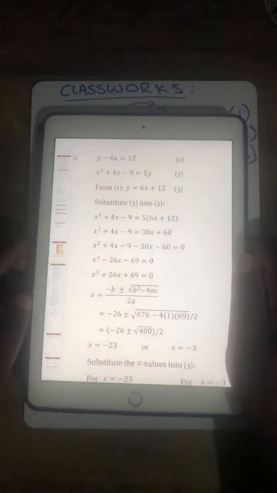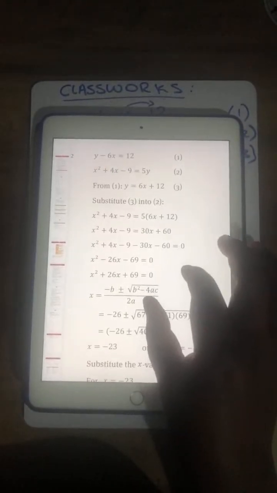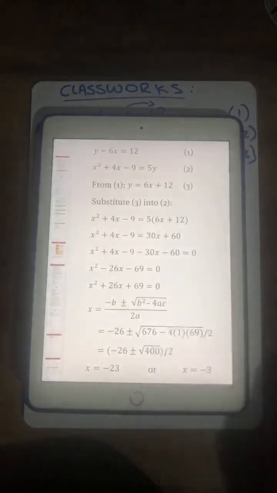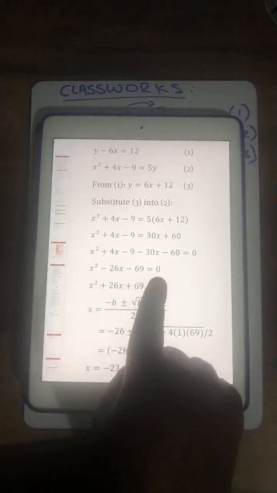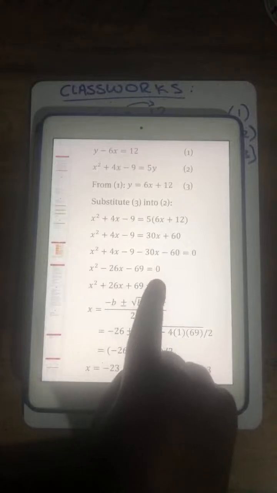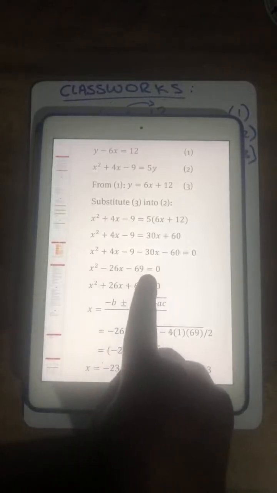But guys, I want to invite you to this one. I wonder if you guys can see. We did it up to that stage there, where we say x squared minus 26 minus 69 is equal to that.